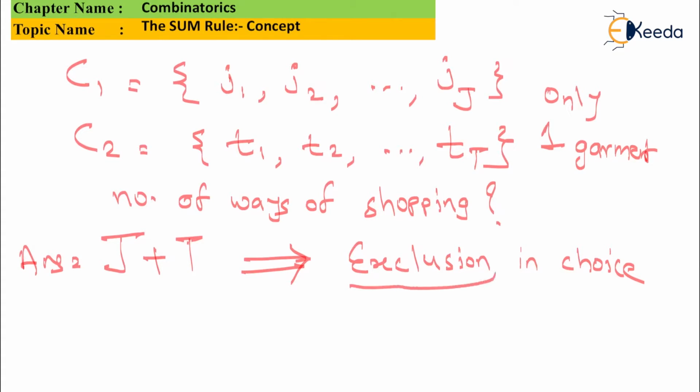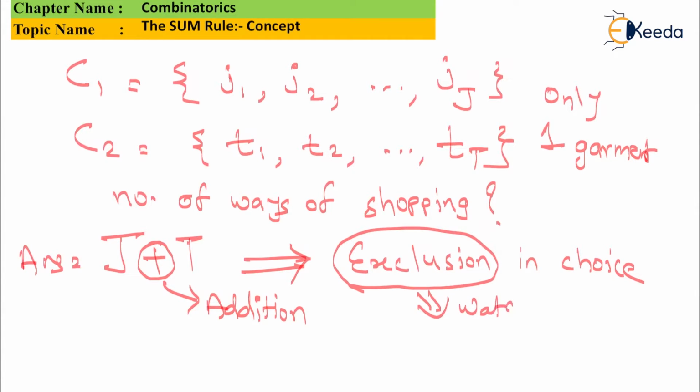So there is something called an exclusion, and that exclusion directly tells you why we use addition here. Rather than trying to remember when to use addition or multiplication, here is the guideline: watch for exclusion.